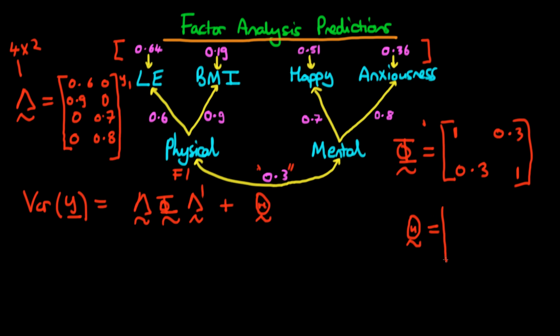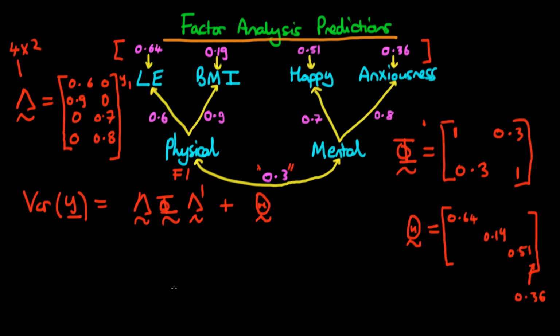So because there are no covariances between any of the errors, it's just going to be a diagonal matrix, where the diagonal elements are just going to represent the variances of these given errors. So it's going to be 0.64, 0.19, 0.51, and then the final element down here, if I could write it in, would actually be 0.36.